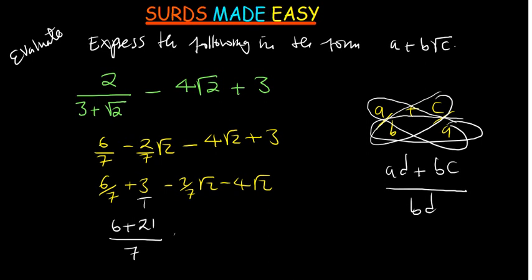Now remember, when you are adding surds, add those which are outside together. So I'm going to put a plus here, and then I'm going to get the whole of this thing, which is negative 2 over 7, and then minus 4, and then I'll put a root 2 outside. Someone can ask, where has the plus come from?